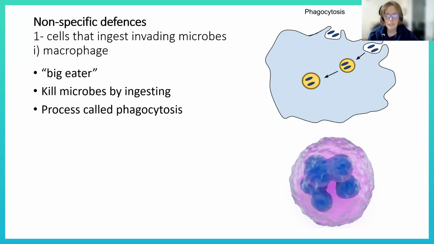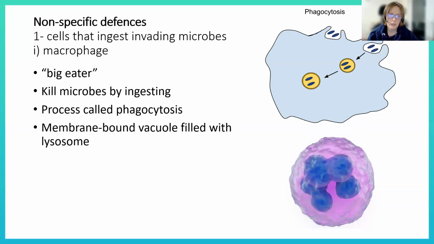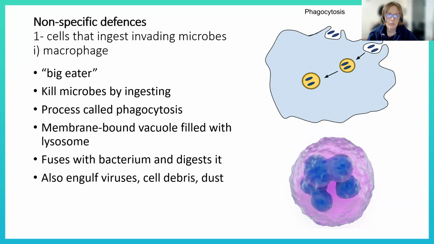So it loops its pseudopods, that means like false legs, around the pathogen, and it ends up in a membrane-bound vacuole, which is filled with lysozyme. Remember, that breaks down the bacteria wall. This will basically digest the bacteria down. It will also break down anything else that it happens to engulf, like cell debris or dust or pollen, whatever.